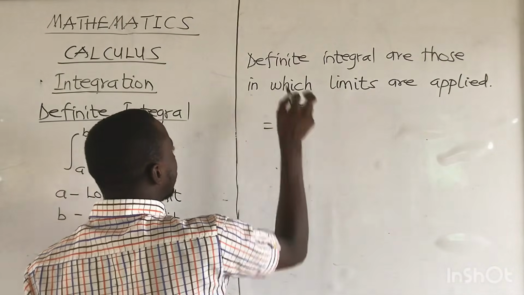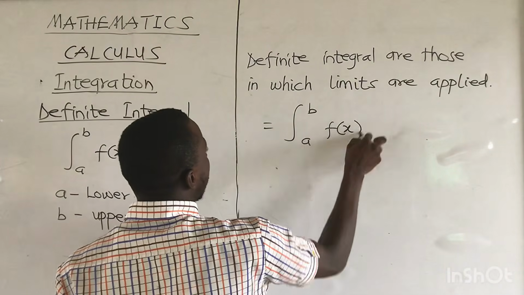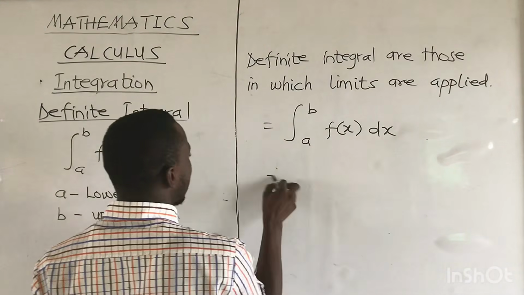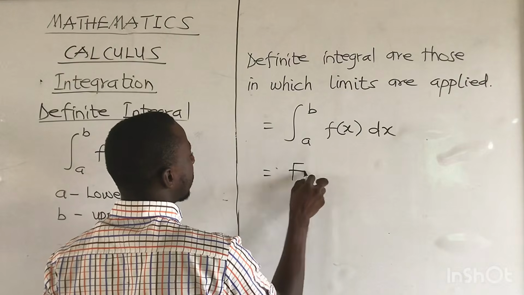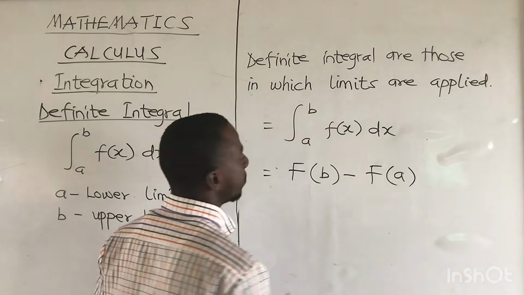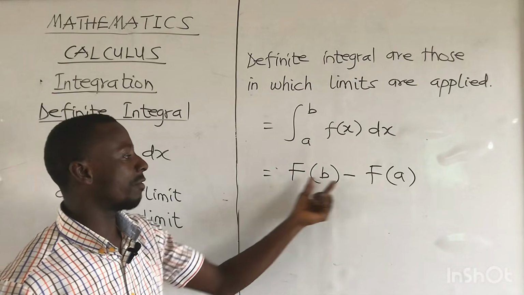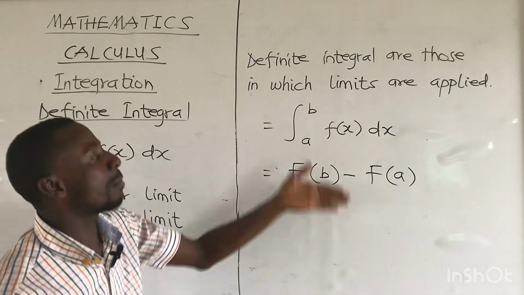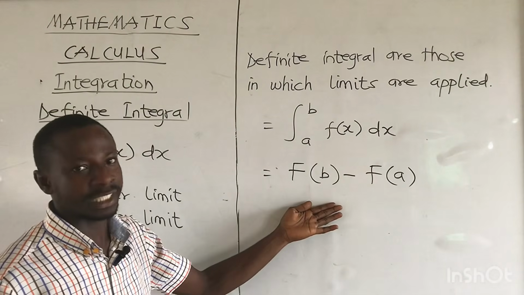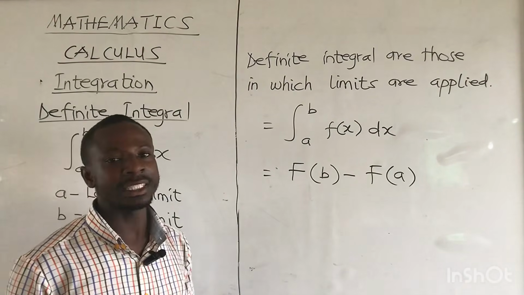So when you have the integral from a to b of f of x dx, we have the function of b minus the function of a. I have made this one the capital F because we have applied the integration, or we have integrated the function. That is why I've made it capital.